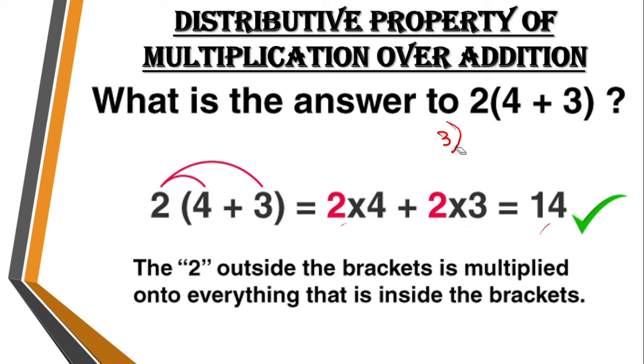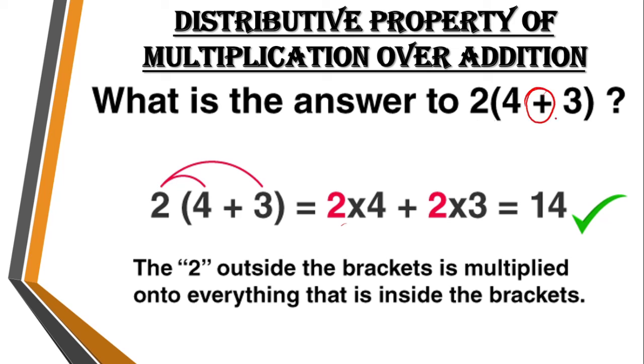So you can see distributive property is nothing like hold true or does not hold true. It just makes our problems easier, right? So in both the cases we'll get 14, but the only thing is we are able to do it quickly. So this was distributive property of multiplication over addition. So here we are doing multiplication, but this is over addition.